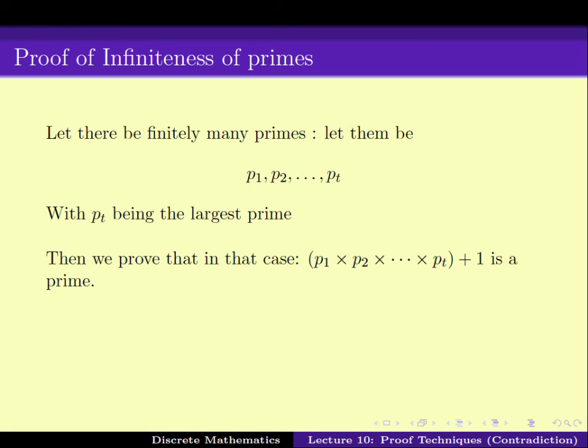So basically, we proved that if P1 to PT are a finite set of primes, then I created a new number which was larger than the largest prime, and we proved that it has to be a prime, which is a contradiction.